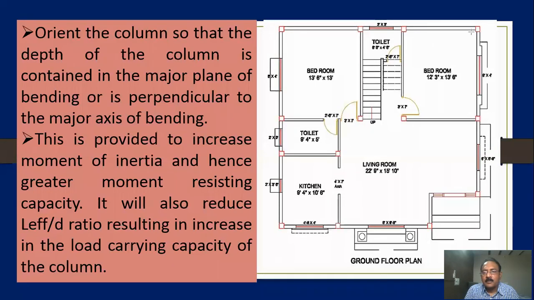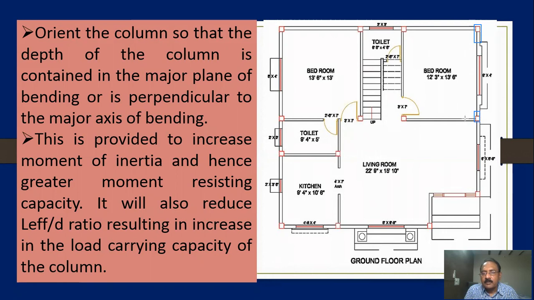In this direction, the moment on the beam will be more and that will act on the column. That's why in this direction we will take it. Suppose there is a continuous beam, so you can provide the column like this also, in the longer direction.